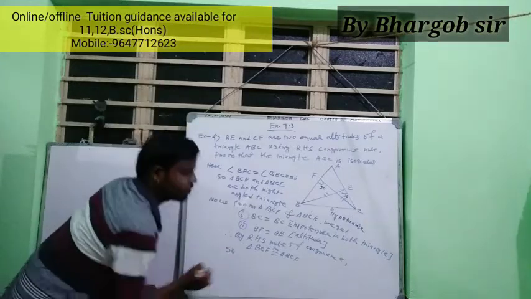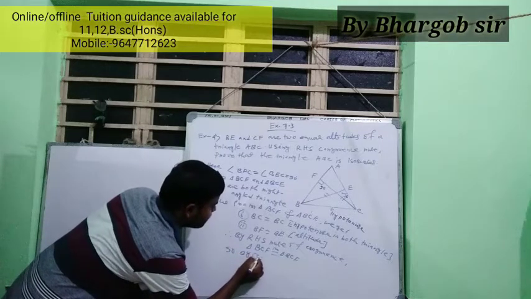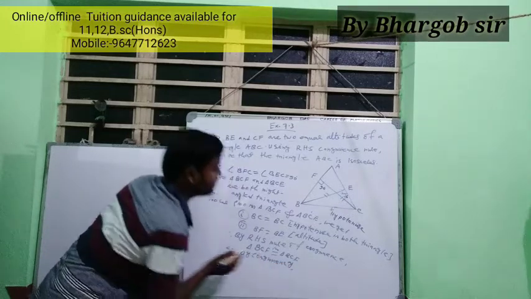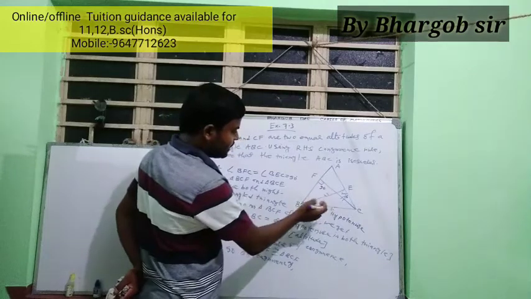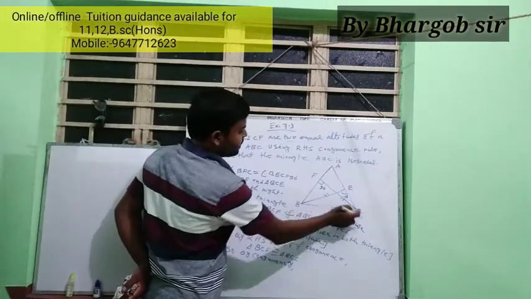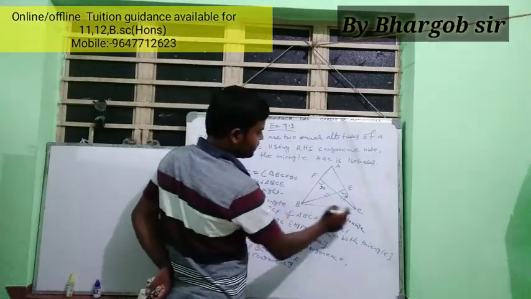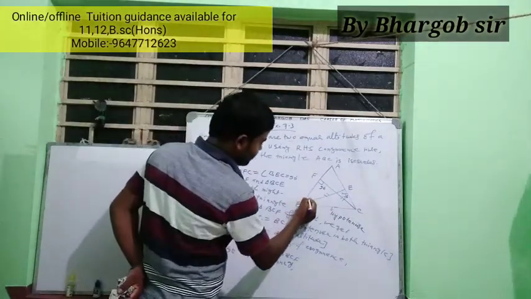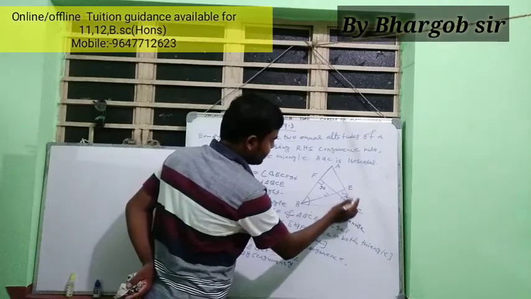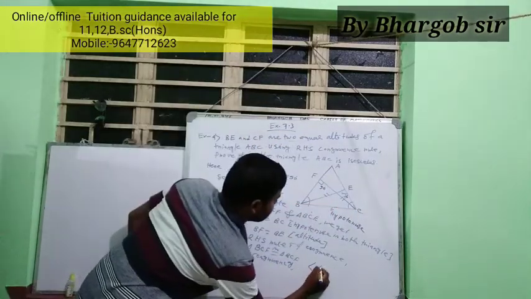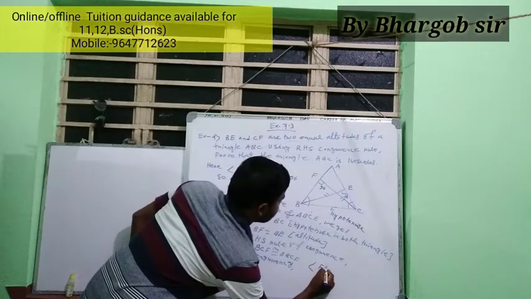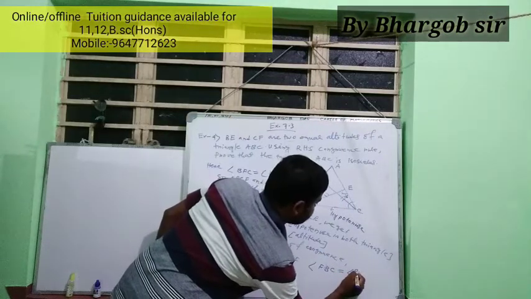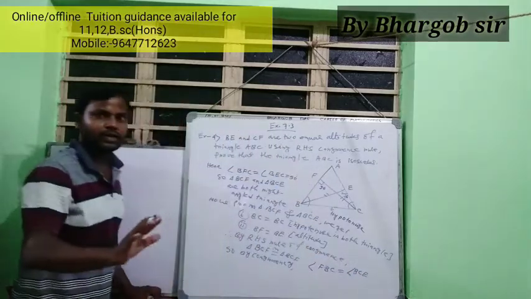So by congruency, we say from triangle BCF and triangle BCE, this angle and this angle are the same. By congruency, angle FBC equal to angle BCE.